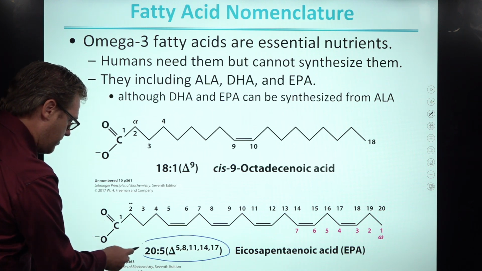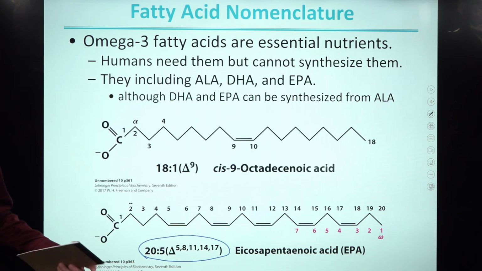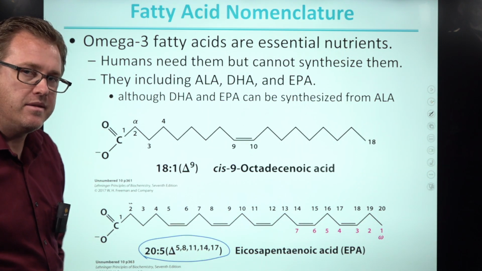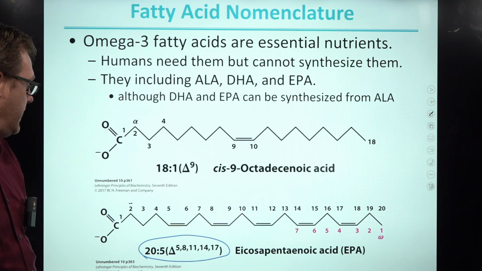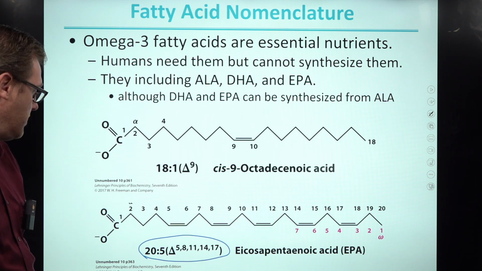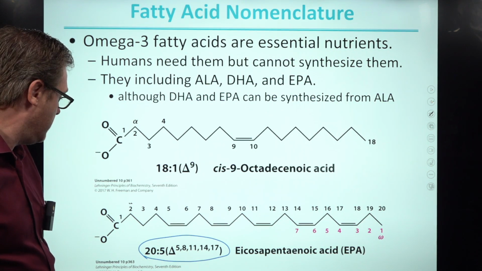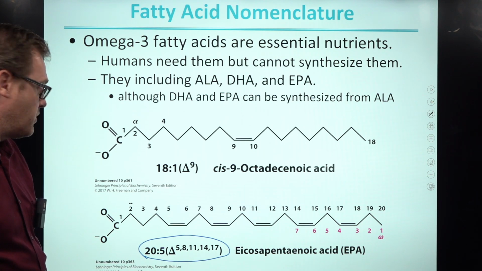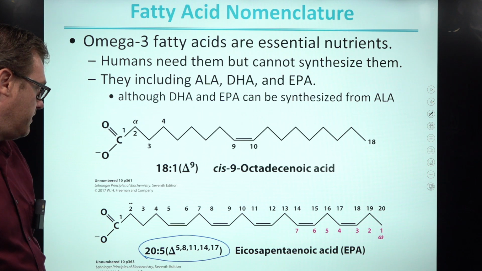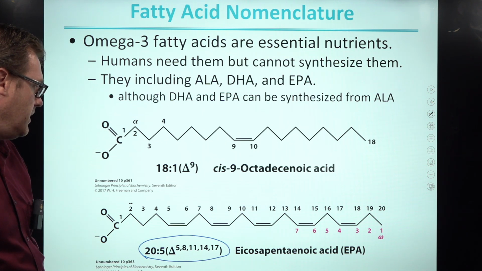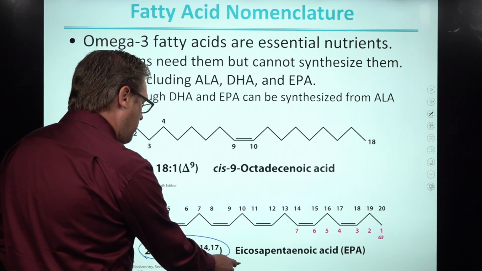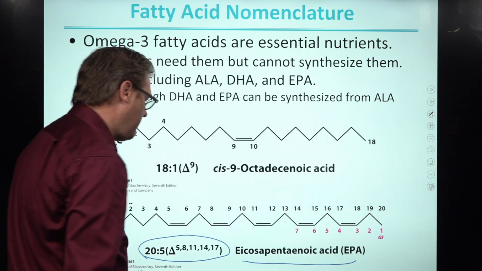That number gets a whole lot more complicated. Look how many numbers are by the delta. The 20 tells us we have 20 carbons. The 5 tells us that we have 5 double bonds. And then the delta tells us where those double bonds are. There's the common name right there.